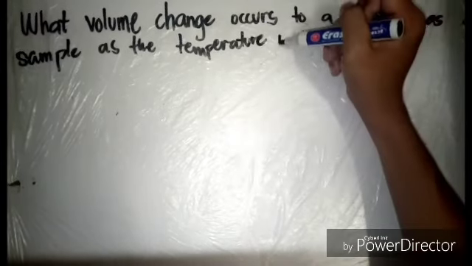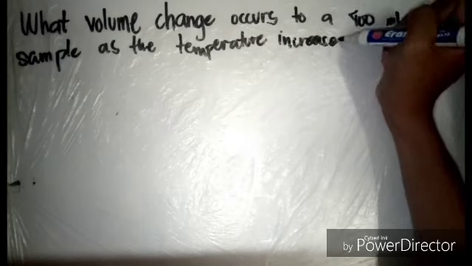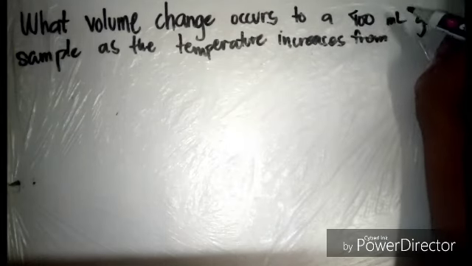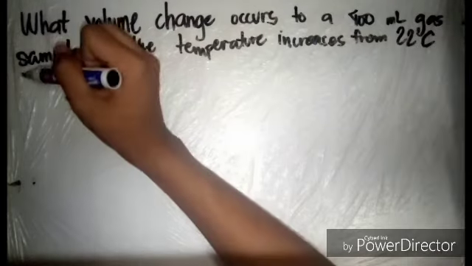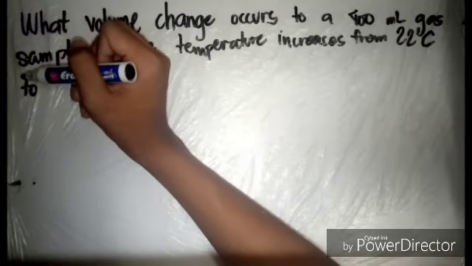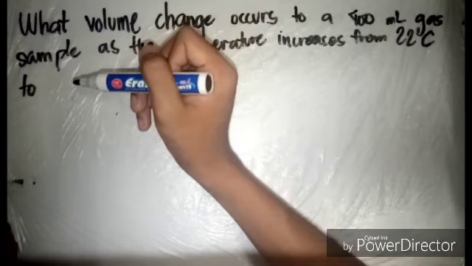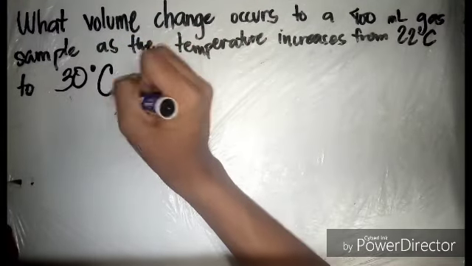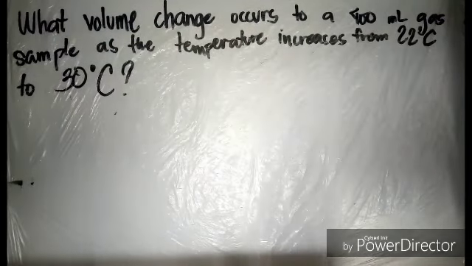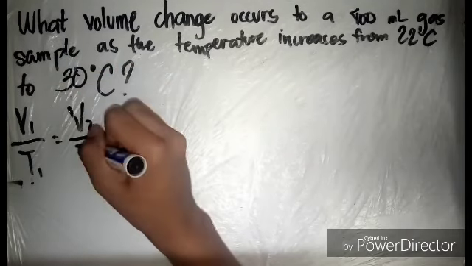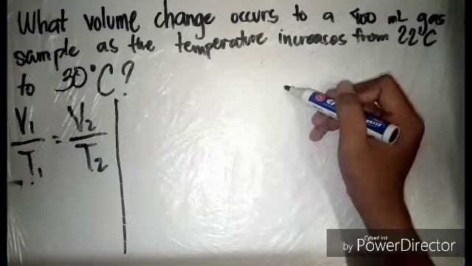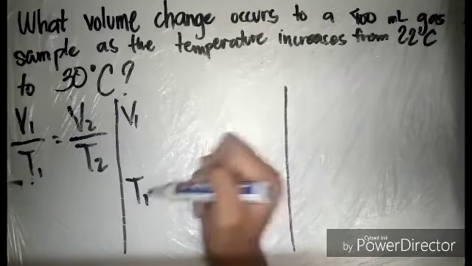What volume change occurs to a 400 ml gas sample as the temperature increases from 22 degrees Celsius to 30 degrees Celsius? The first thing we're gonna do is to list the formula and then list the given values.